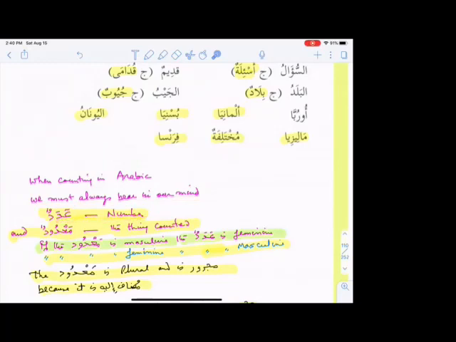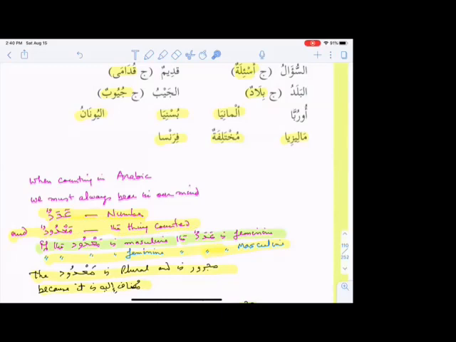I wish you would, inshallah, get these two words to say fluently, but gradually, I don't expect miracles. Adad means number. And ma'dud is the thing counted.